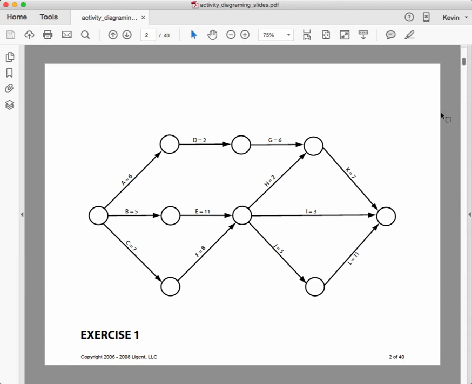So for instance, here in the very middle of the diagram, we have to finish tasks E and F before we are able to start the activities that come out the other side, H, I, and J. So that's how the logic of the diagram works.